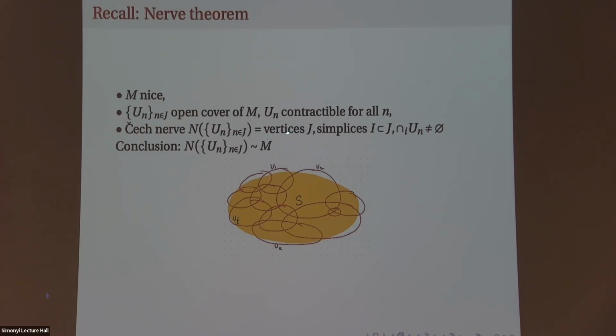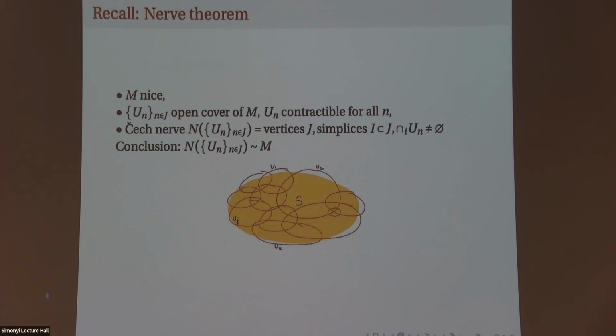The Čech nerve given by these vertices and simplices is a combinatorial object, and its topology is homotopy equivalent to that of the space M. This should not be S, this should be M. I have misused S a few times in this slide probably.